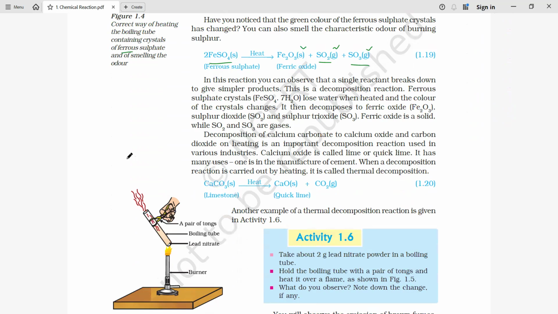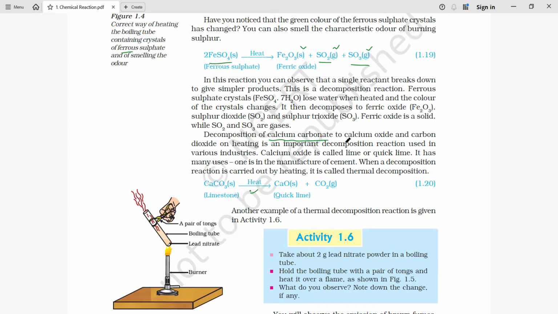Okay. Another example is the decomposition of calcium carbonate. इससे पहले हम लोग क्या देखे? We have slaked lime that is going to react with carbon dioxide. Then you get calcium carbonate and water. अब क्या देख रहे हैं कि calcium carbonate, when we give the heat, again it is an example of क्या है, endothermic reaction.